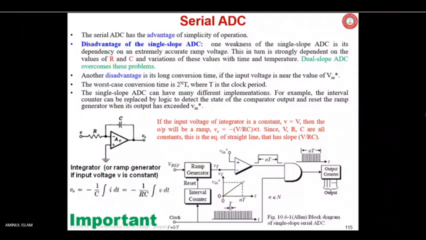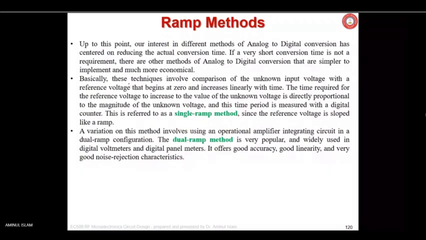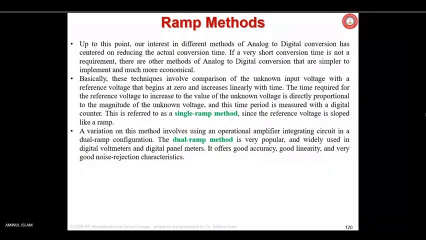So we'll go to the next slide and see. So this is what I was talking about in detail. If you want to read what are ramp methods, or the single slope method, then you can read it out and try to understand even more. Up to this point, our interest in different methods of analog to digital conversion has been centered on reducing the actual conversion time.